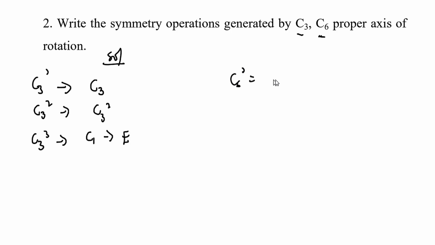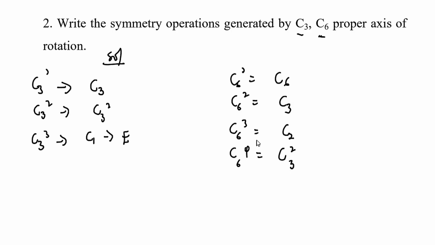So the first one will give C6. The second one here will give C3. C63 is going to give C2, right? So C64 is going to give C2 and then 3, right? 2A, 3A. So this one C65 is going to give C65, right? And the last one, C6, is going to give C1, which is the same thing as identity.